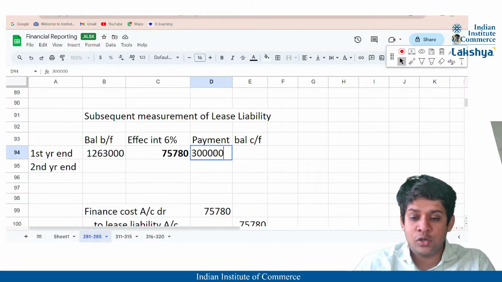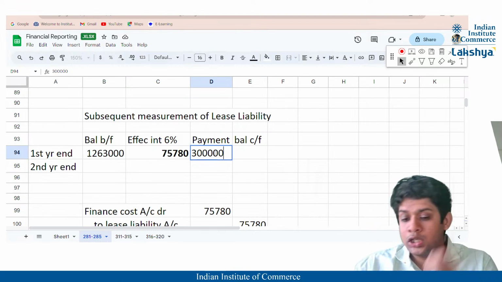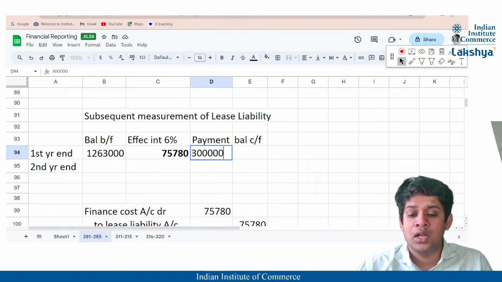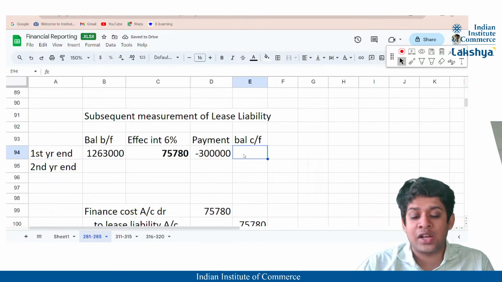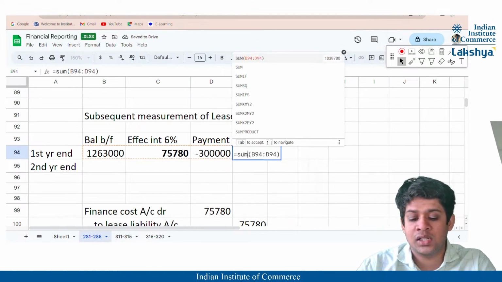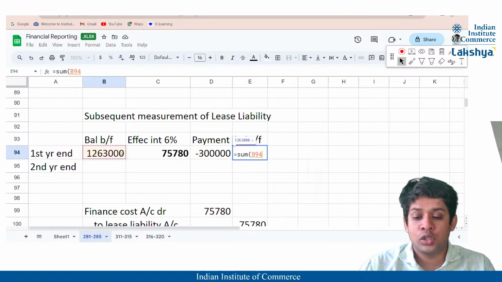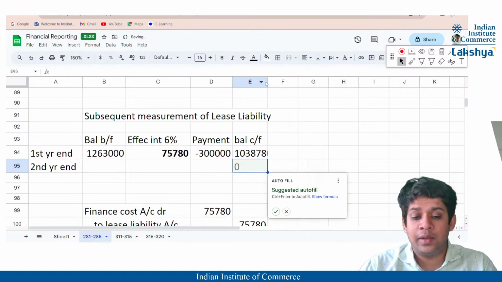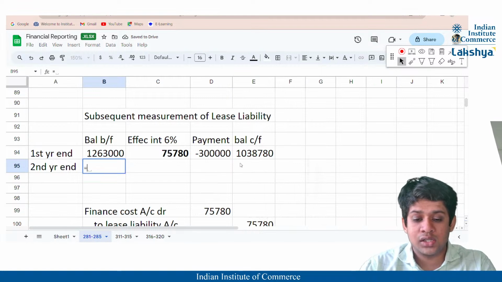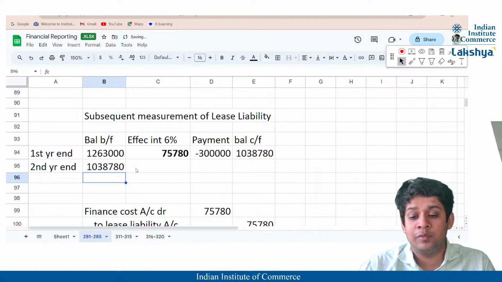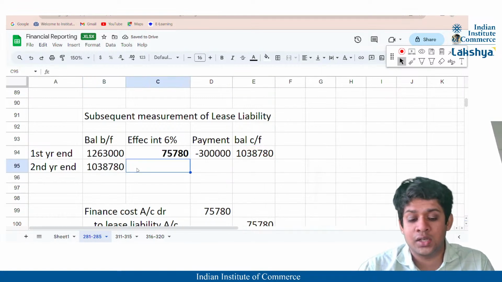Payments made will reduce my liability because the journal entry that we pass is lease liability account debit, we reduce the liability, and to cash account because cash is going out of the business. So 12 lakh 63 plus 75,780 minus 3 lakh will be 10 lakh 38,780, which will be the opening value for the next year.